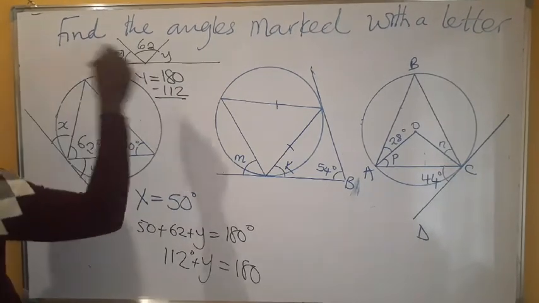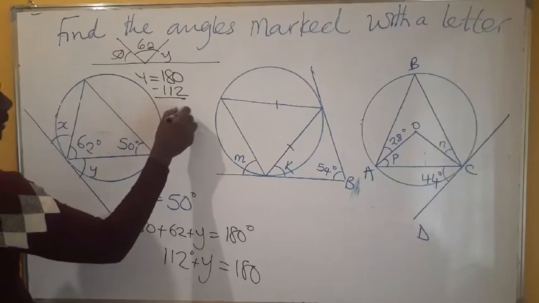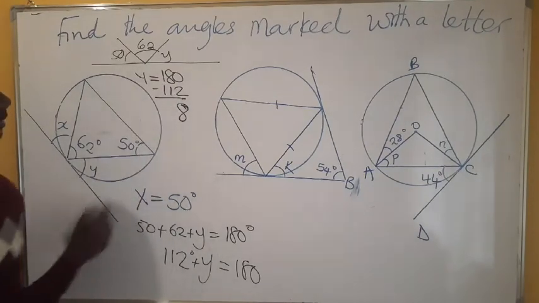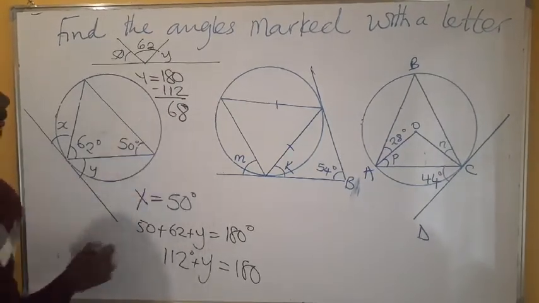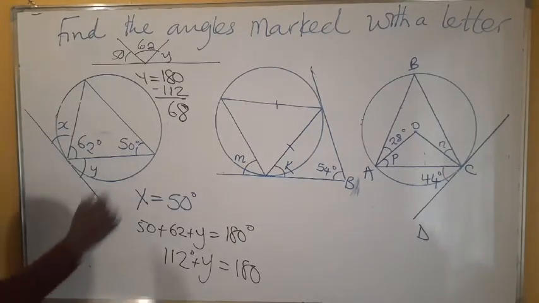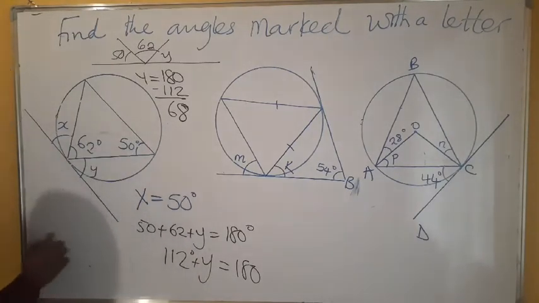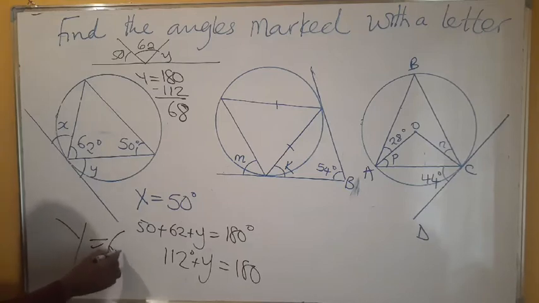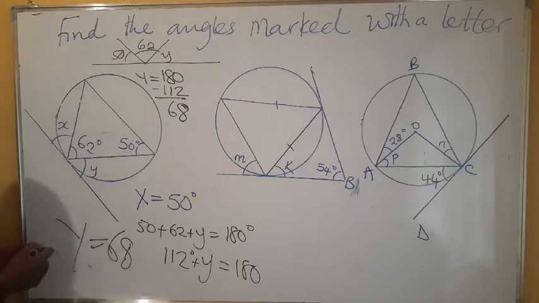What do we get here? This is 10, we get 8. We have 7, 6. What are we getting? We're getting 68. So we can conclude here also to say y is equals to 68. Are we together? Y is equals to 68.